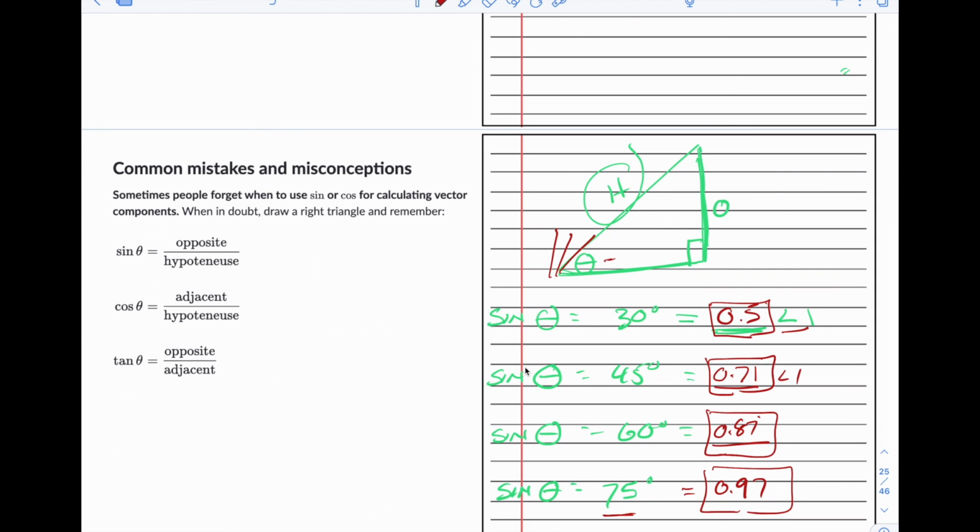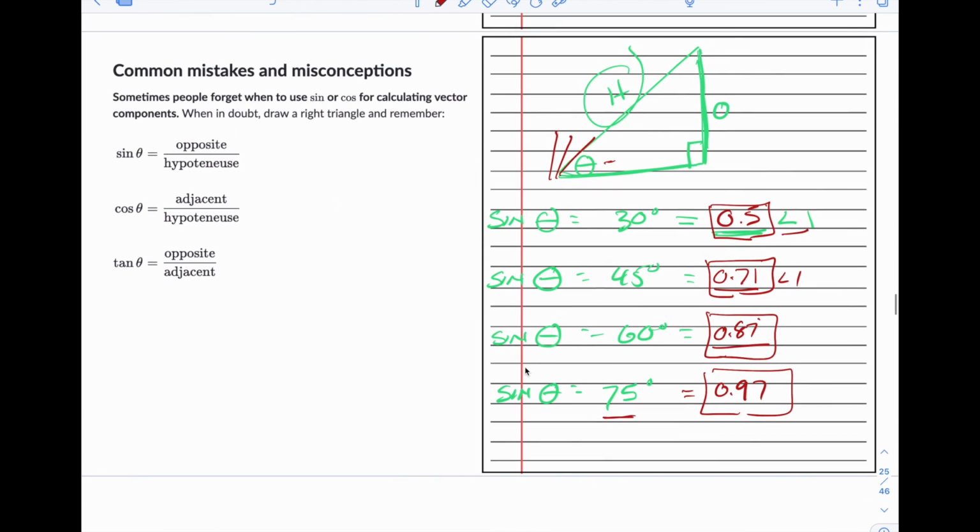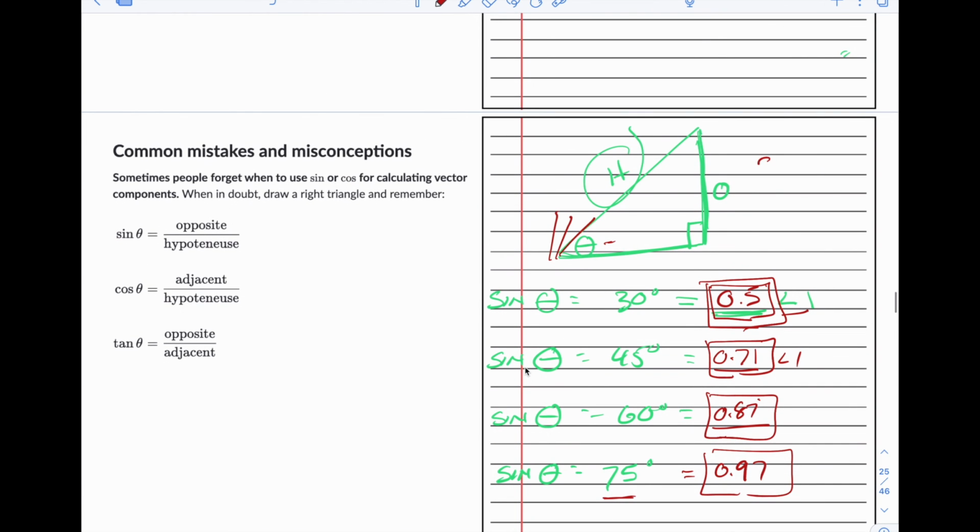It might be different on yours. And what the 0.5 means is that when you take the value for the opposite and the value for the hypotenuse, dividing them is going to equal 0.5. You will usually be given one of these values, so that means you can figure out the other one.